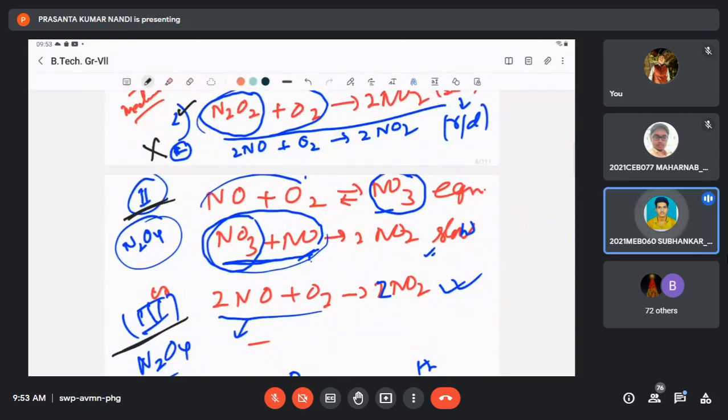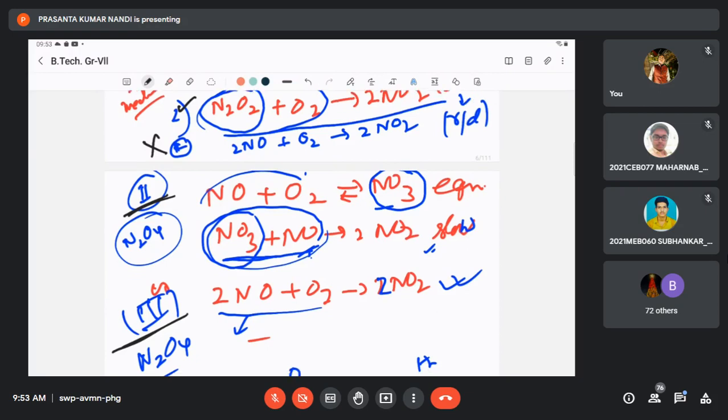Among these three, which is preferable? No, these are the three possible ways the reaction mechanism can be proposed. Now, we use first the steady state approximation as well as the rate determining step approximation.